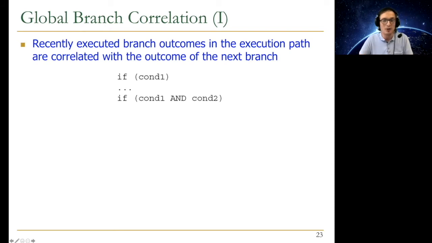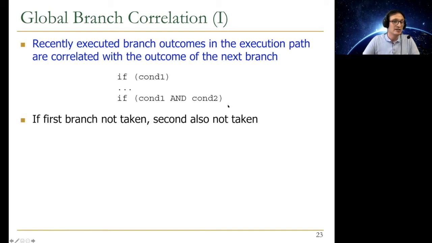I'm sure you have programmed this way before, or something like this, let's say. If you look at these 2 branches, the first branch tests condition 1, and it's taken if condition 1 is true. The second branch is taken if both condition 1 and condition 2 are true at the same time. Now, if you know where the first branch went, then you have some information about where the second branch could go.